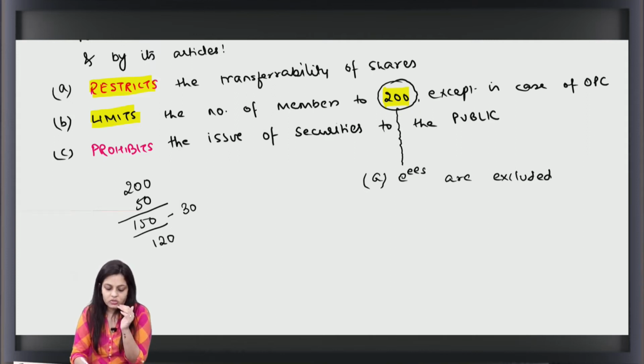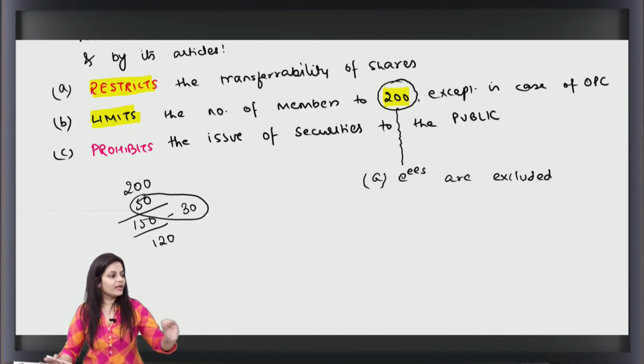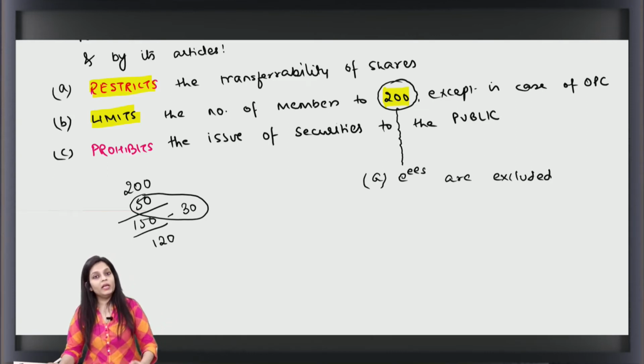Now the sources to raise capital is restricted to 120 because these 80 will only have a limited investment. So if such a situation arises, what will the company do? Company will say forget it, नहीं देना है shares employees को. क्यों नहीं देना है shares employees को? क्योंकि उनको अगर देंगे तो उनको count करेंगे तो our number of members, or our capacity to raise capital, will go down. So better you exclude them.